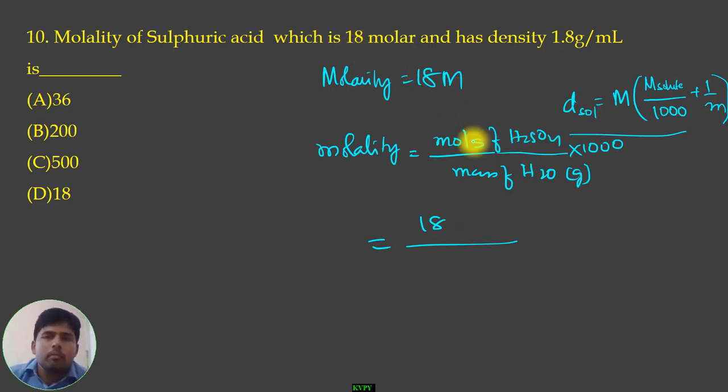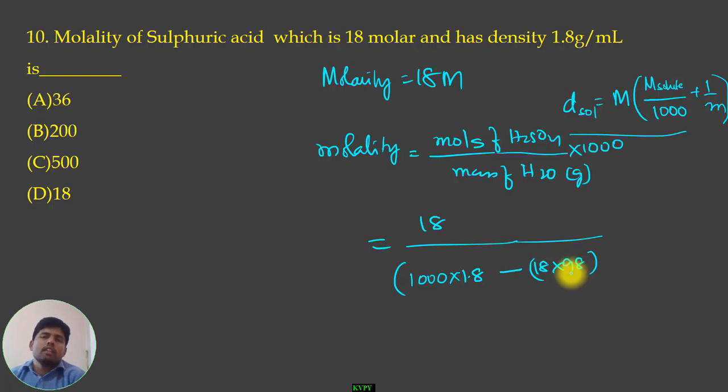because the molarity is 18 M. And mass of H₂O is what we want to find out here. They have given density. So mass is equal to volume into density. So 1000 into 1.8 minus 18 into 98, because 98 is molar mass of sulfuric acid. 18 moles are present.